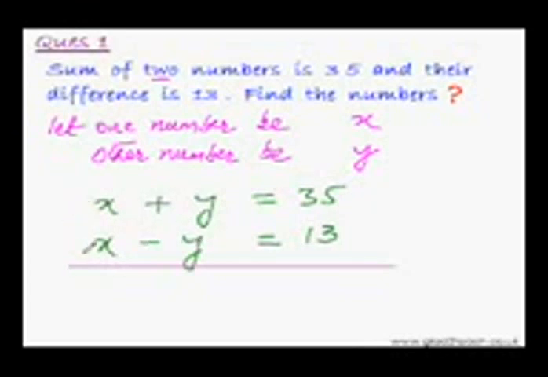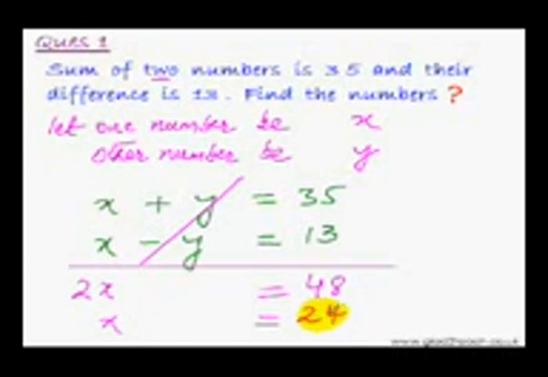So let's quickly add these equations. x plus x is 2x and this cancels out, and 35 plus 13 would be 48. That means x would be equal to 48 divided by 2, that is 24.